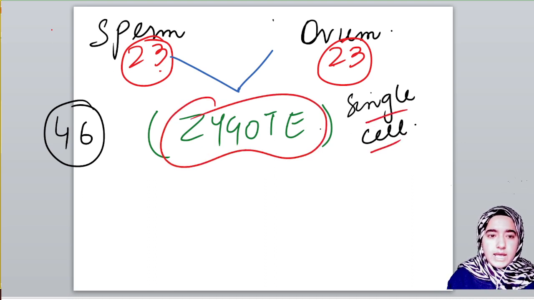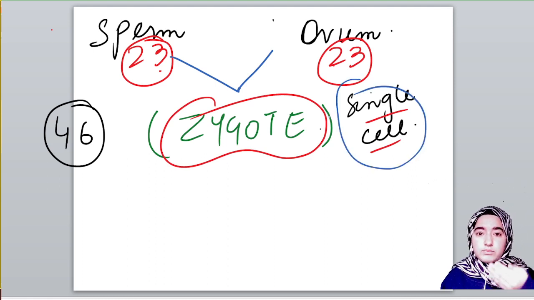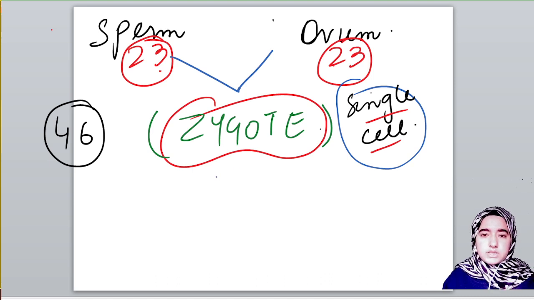Since this single cell has to convert into a multicellular organism as we are now, we will discuss how this single cell converts into a multicellular organism.